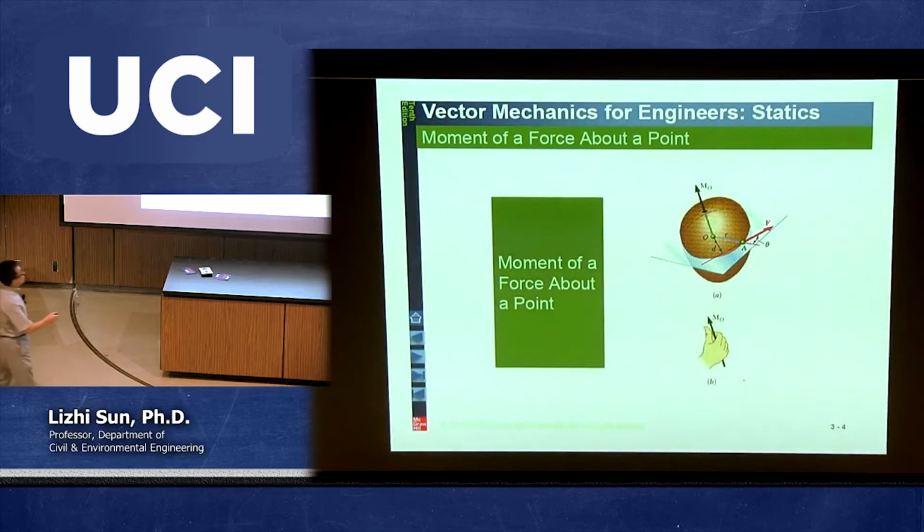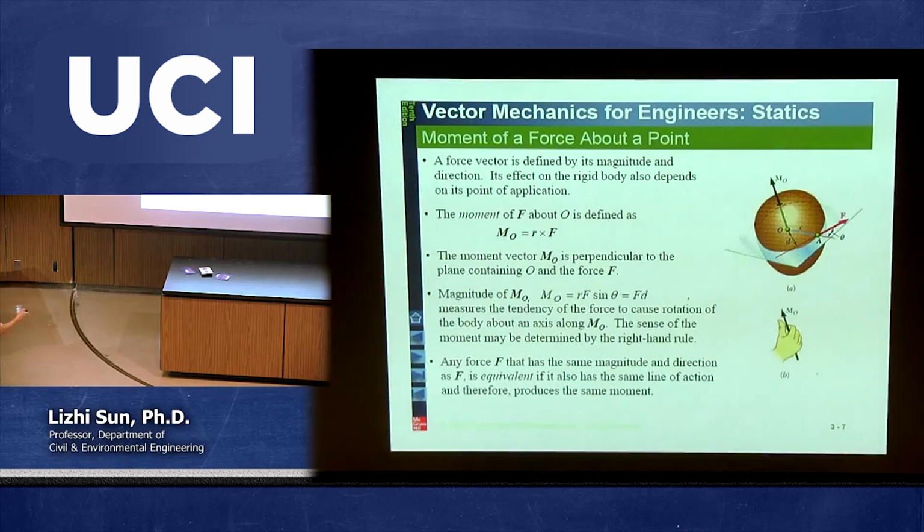We basically need to study such a moment of a force about this point because it is going to potentially rotate this rigid body in a certain direction. Mathematically, the definition of the moment of this force about point O is this: the distance vector cross a force vector.